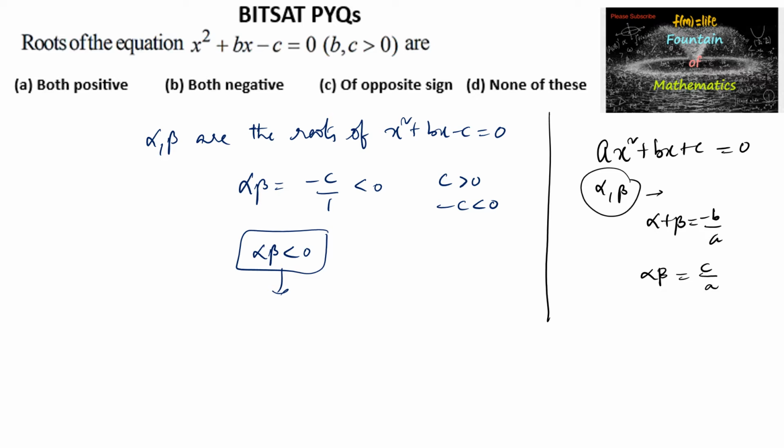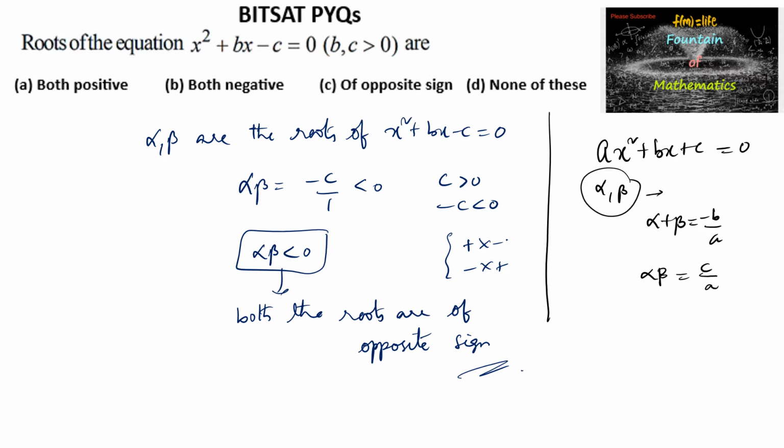If alpha is positive, plus into minus is negative, and minus into plus is negative. If both are positive, the product is positive, and both negative is positive, so we can conclude that both the roots are of opposite sign. Both cannot be of the same sign, so we can go with option C.